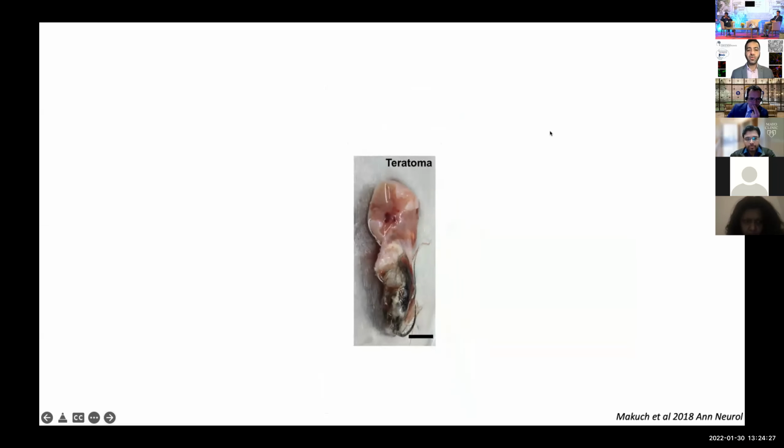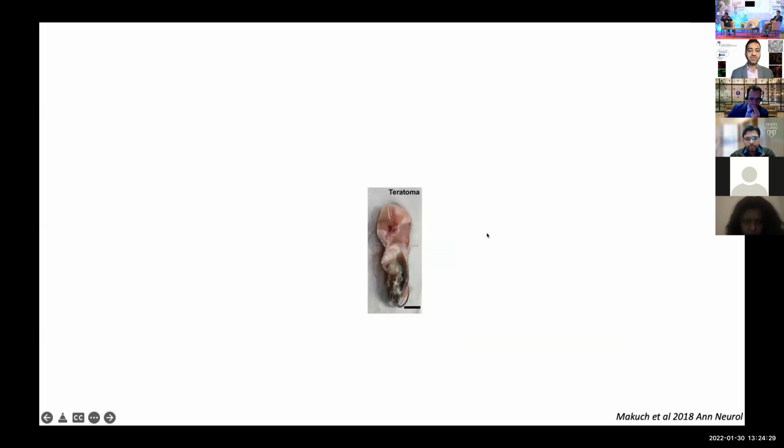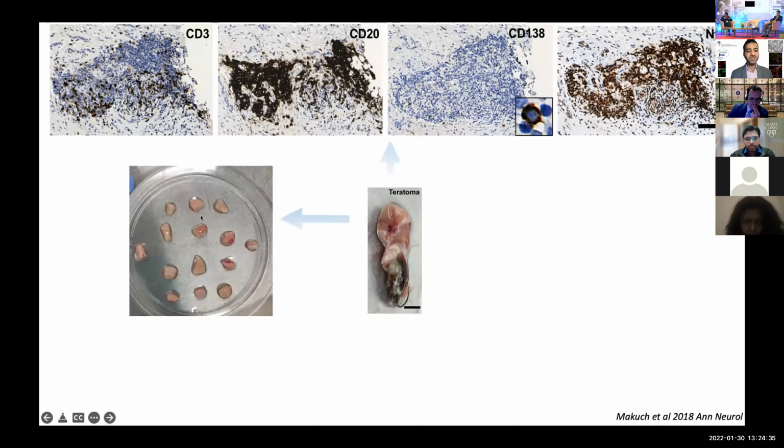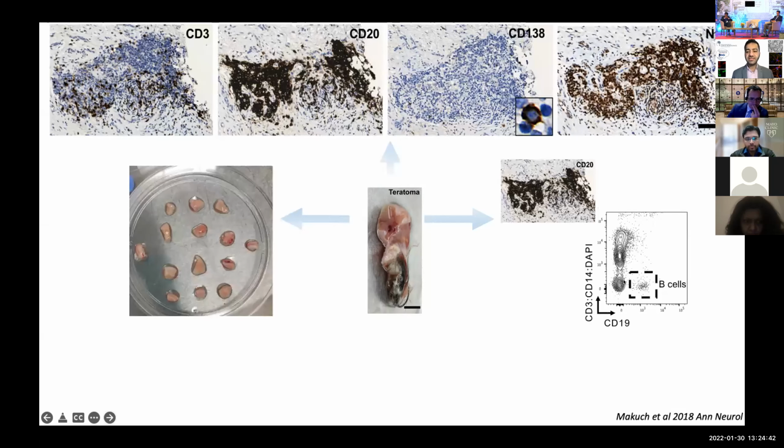And so what we did was we took the teratoma, which we knew had these densities within it, and we took small chunks of it, sometimes called explants, and we cultured them. Or we extracted and isolated the B cells from within the teratoma and put them in culture.